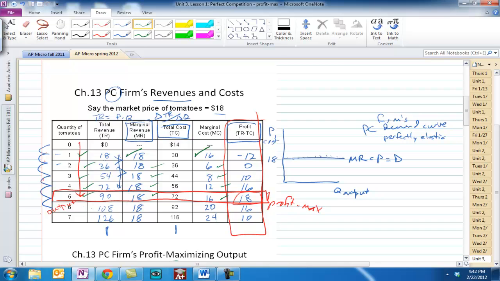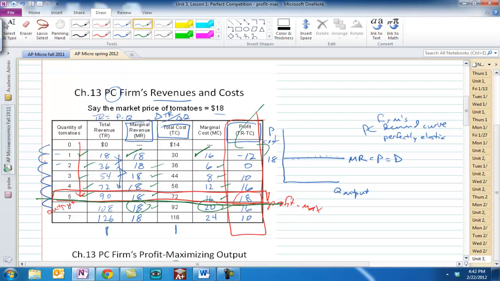If they decided to produce a 6th unit of output, their revenue from producing the 6th unit would be 18, but their cost of producing the 6th unit would be 20. Focusing on these two right here, what that tells us is that we've reached a point where if they keep producing, they're going to start subtracting from their profit because it costs them more to produce those units than they bring in revenue. So that's another way to analyze why they should stop there.